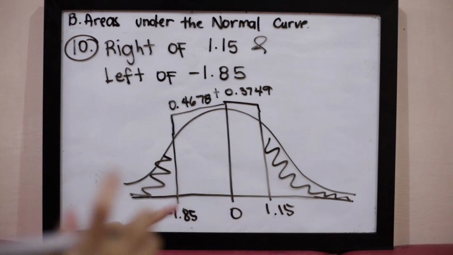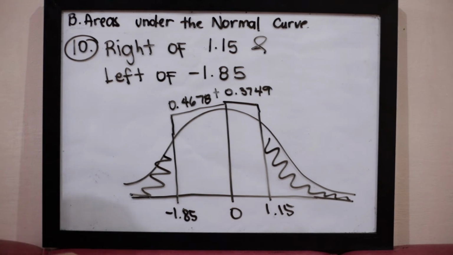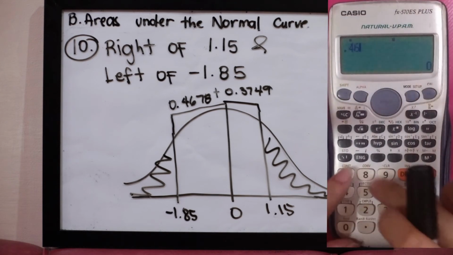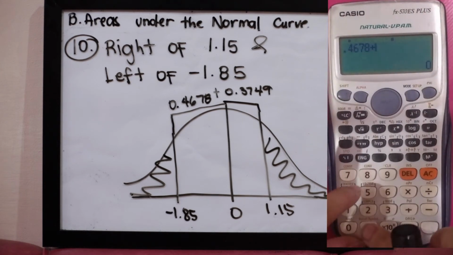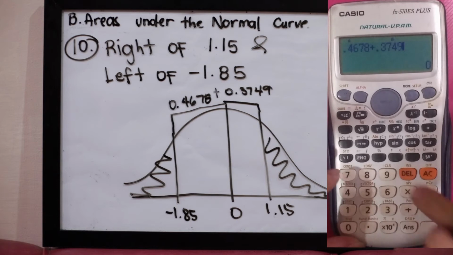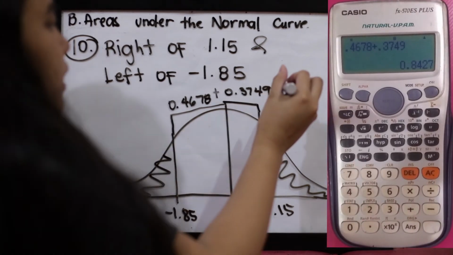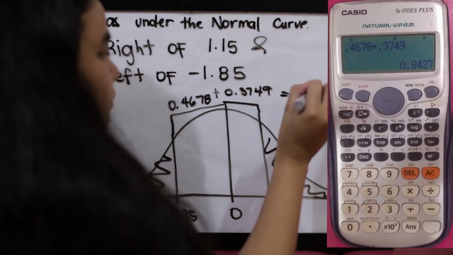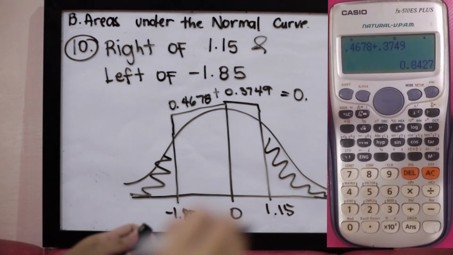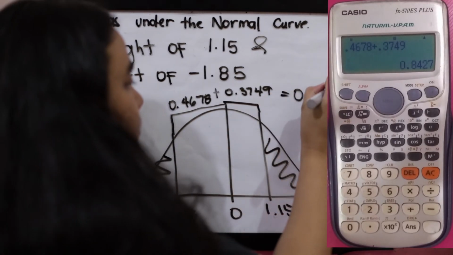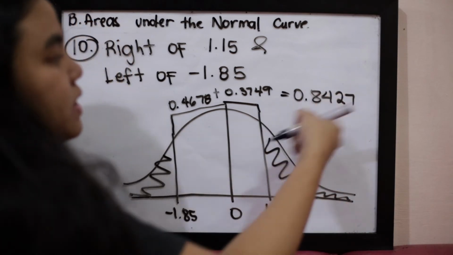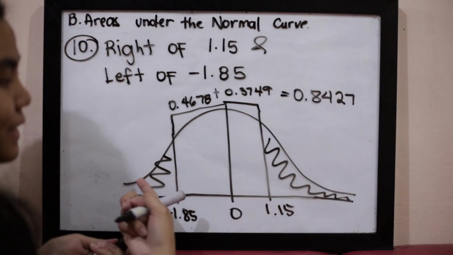That's the first way. 0.4678 plus 0.3749. The answer is 0.8427. And then we subtract it from 1 to get the shaded part.